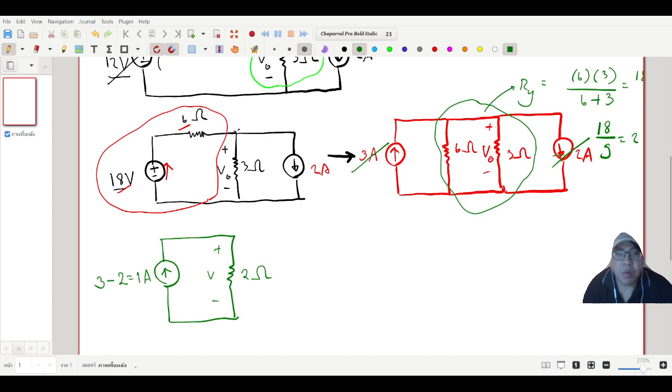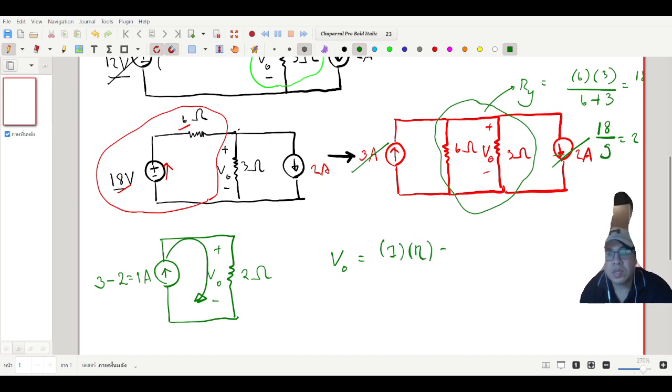And then we have VO here. The final VO is equal to, the current flowing here follows Ohm's law, V equal I multiplied by R. We have 1 multiplied by 2, and the last one, your answer is 2 volt. Okay.